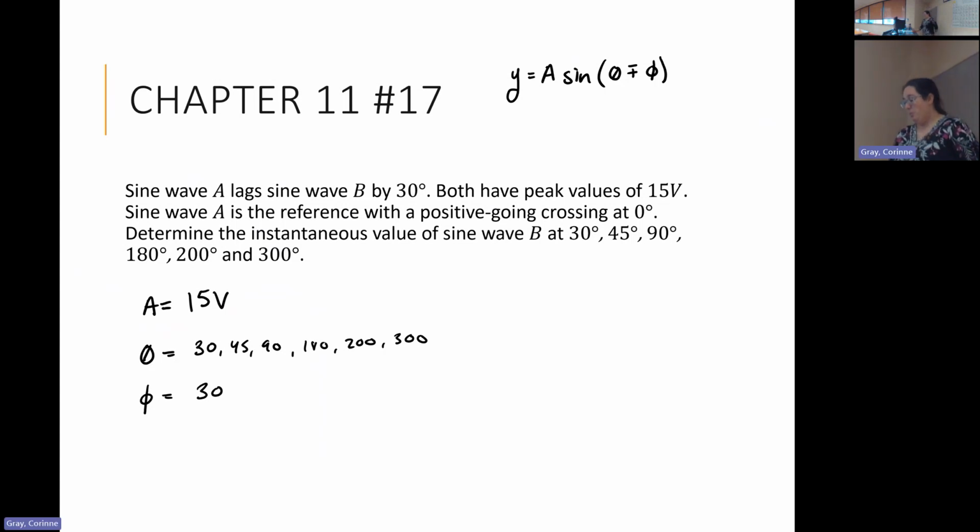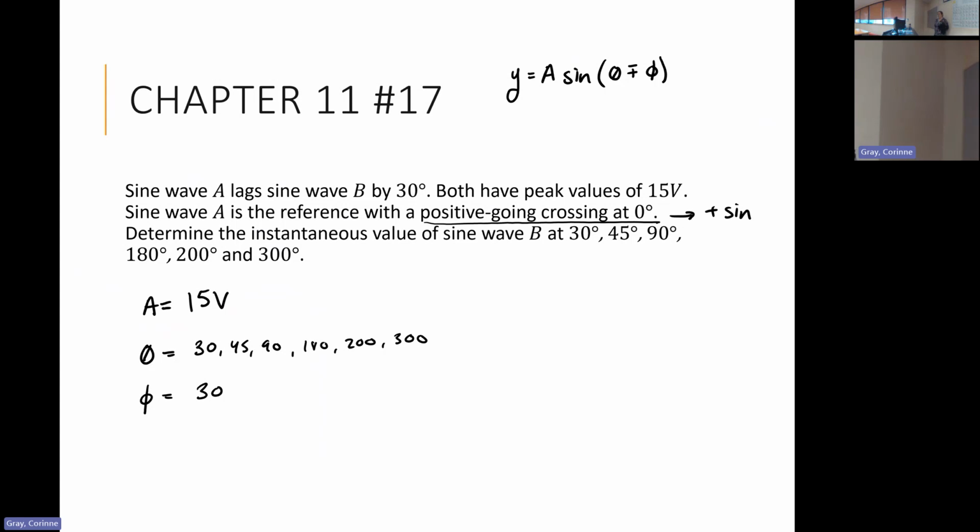Before we do the positive, negative, we first want to assess if we're going to have a positive or negative sine function to start with. How do we know which one we have? Positive. So this indicates that we have a positive sine function.